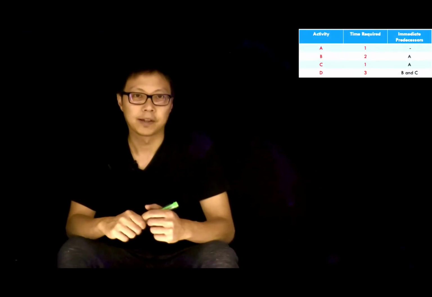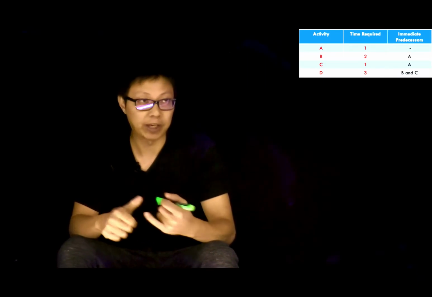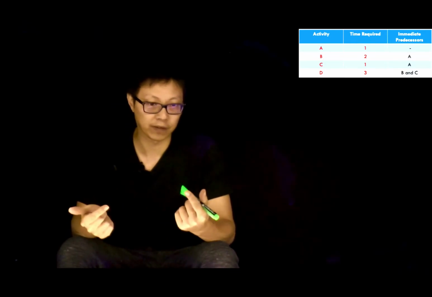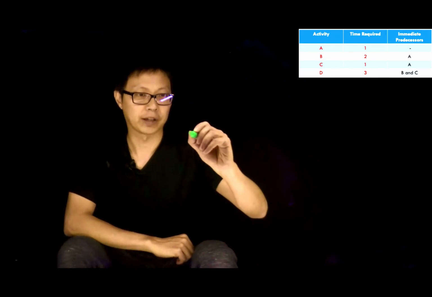In order to understand how the critical path method works, we first want to use a network chart, so we will be able to understand how many activities we will have and how much time it will take for each activity. We will also need to know which activity will need to be done after a certain activity is finished. So for this particular example, we have 4 activities.